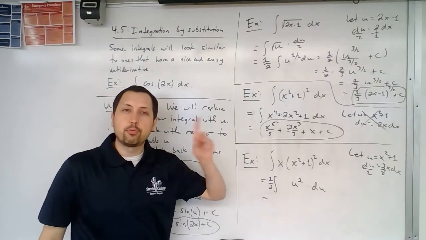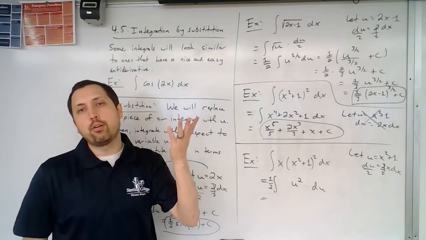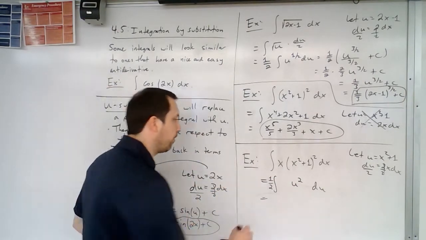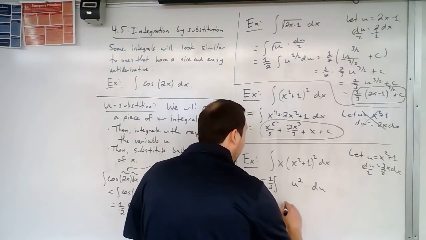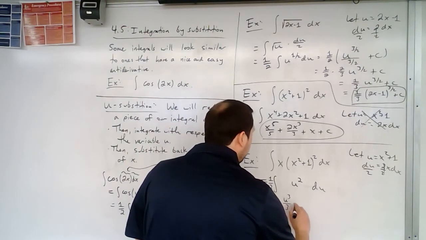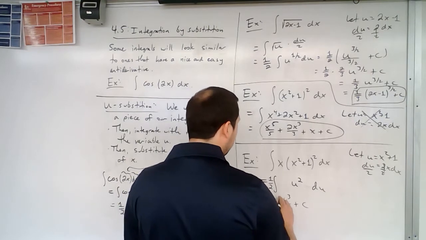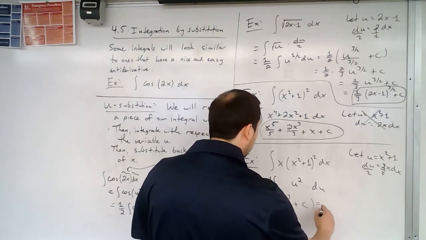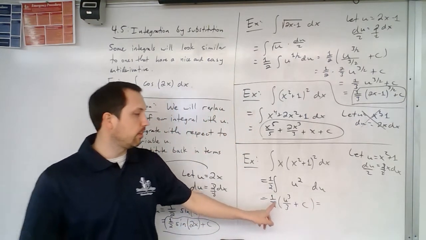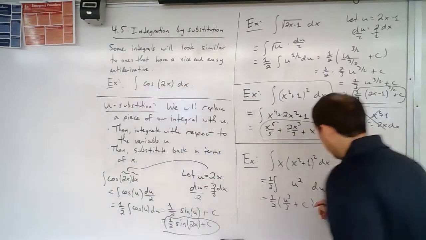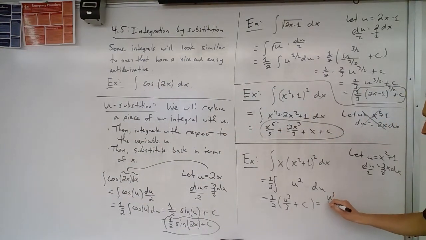Now I simply integrate this with respect to u by adding 1 to the power, dividing by that power. I have 1/2 u cubed over 3 plus a constant. So now I can distribute this 1/2 inside. So this gives me u cubed divided by 6 plus a constant.